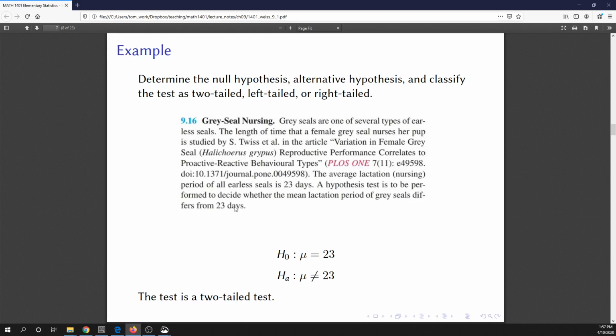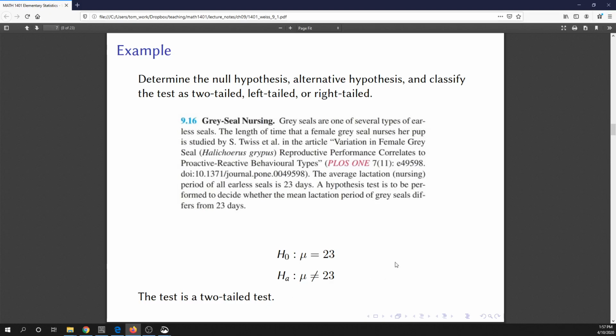And here the keyword is differs from. So our alternative hypothesis is that the population mean does not equal 23. Once we know that it is the not-equals version of the alternative hypothesis, that's a two-tailed test. It's the only one that's two-tailed.